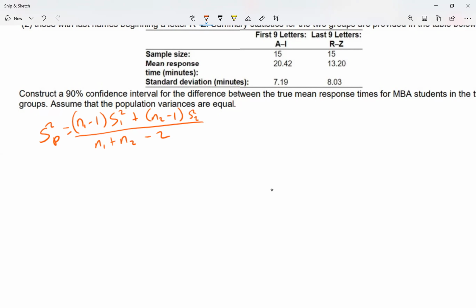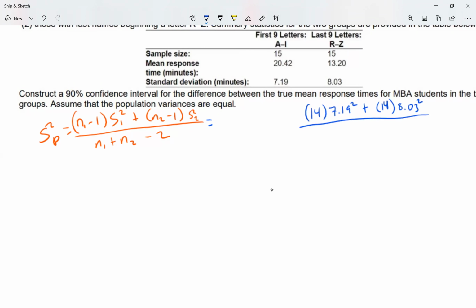So how am I going to do this? Let me do it here in blue. So I'm going to go 14, and I'm going to say this is equal to something. Okay, what is this equal to? I'm going to go 14 times, I know my standard deviation is 7.19. So that means 7.19 squared plus 14 times 8.03 squared.